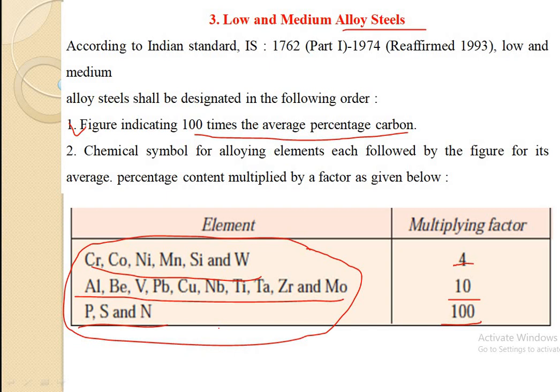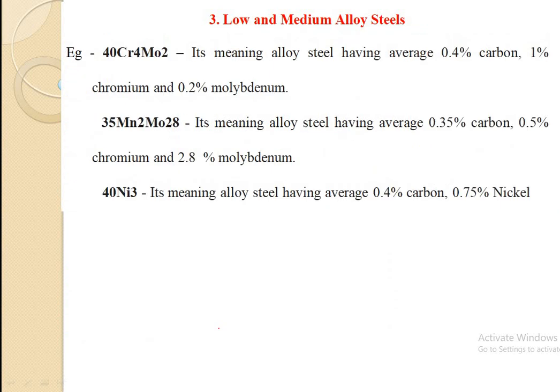Let's see how the alloy steels are designated. Take the example of 40Cr4Mo2. Keep in mind, if apart from carbon, other elements are mentioned in the designation, then you come to know it is an alloy steel, because chromium and molybdenum are alloying elements, manganese is an alloying element, nickel is an alloying element.